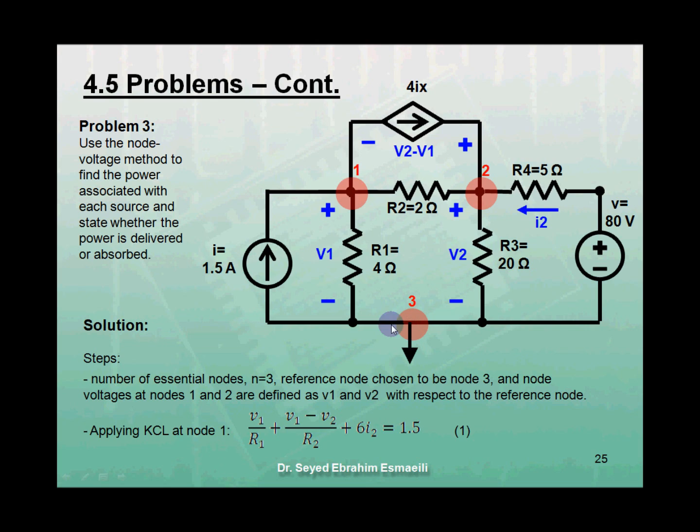The node voltages at node 1 and 2 are defined with respect to the reference node as V1 and V2. Applying KCL at node 1 yields V1 over R1 plus (V1 minus V2) over R2 plus 6 I2 equals 1.5 amps.